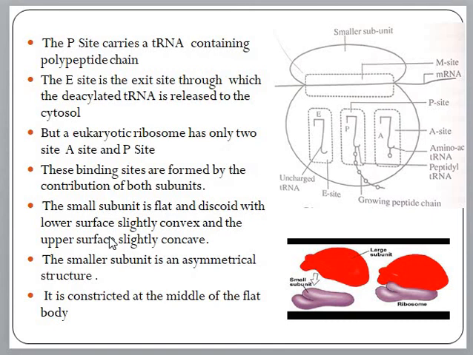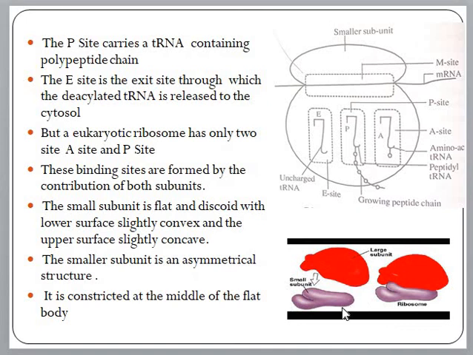The smaller subunit is flat and discoid, with a lower surface slightly convex and an upper surface slightly concave. Thus the smaller subunit doesn't have symmetry, so it is asymmetrical.